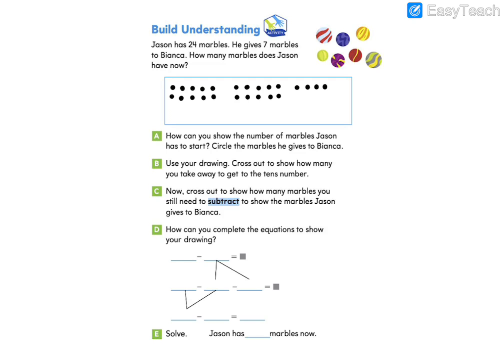Now, Jason gives 7 of these to Bianca. So we're going to go ahead and circle the marbles that he gives to her. So there's 4 here. So I need to circle 3 more to show the 7 marbles that he gives her.